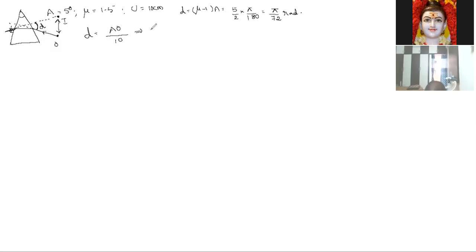So AO equals 10 into pi by 72, already calculated, which is 10 pi by 72, that is 5 pi by 36. Is it an option, Nana? Yes, sir, option C. Right, good, so it is clear.